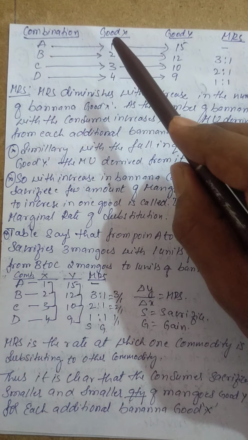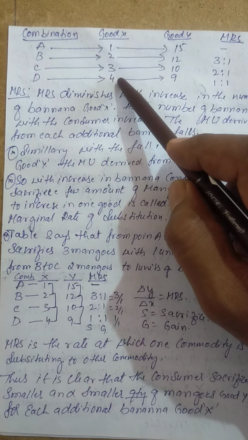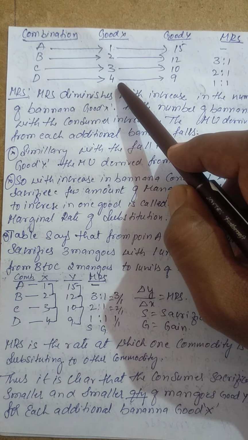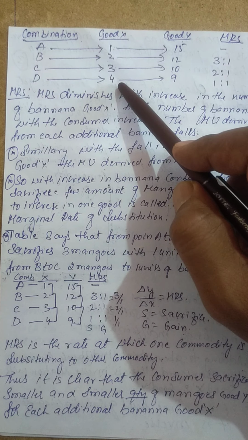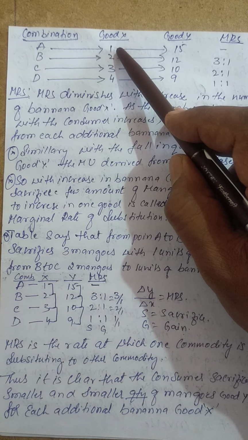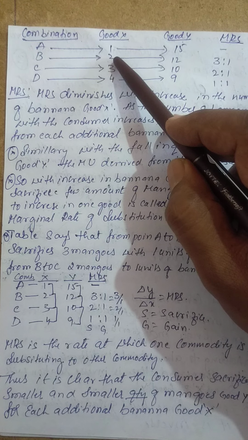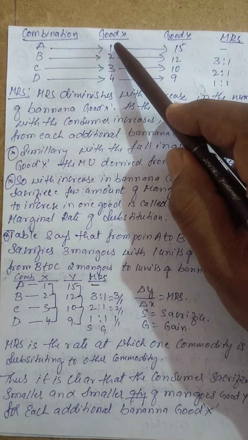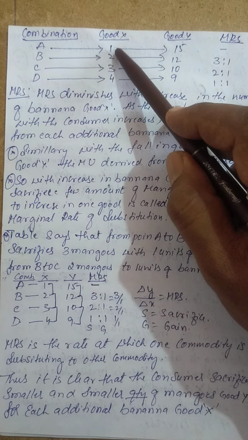Whenever you consume extra, your level of satisfaction starts decreasing. For example, if I eat one banana, I'll be happy. If I eat a second banana, I'll be happy also, but the happiness I got in the first one I'll not get in the second. It will decrease.